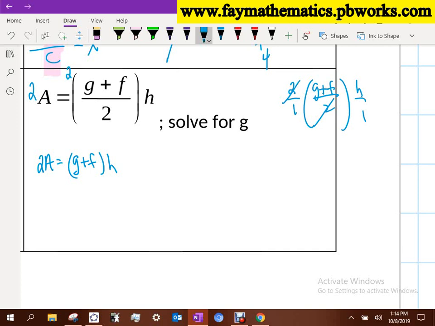Okay, every problem is a little bit different. Remember what you're trying to do. I want to try to get G by itself here. So if I subtracted F, here's the idea.